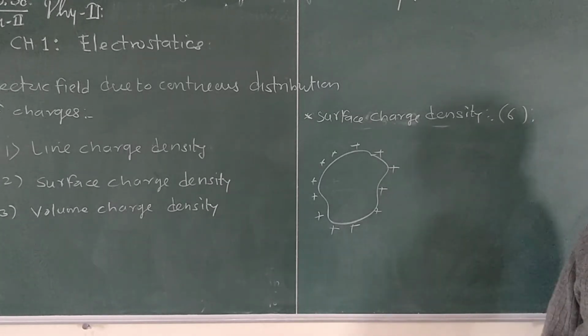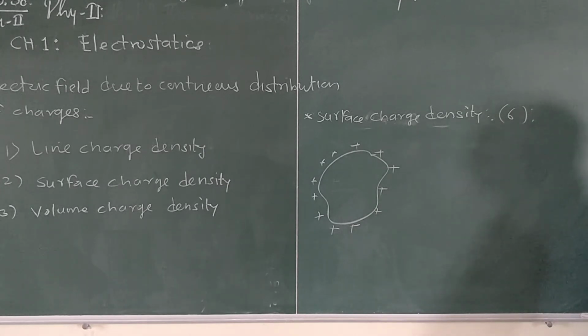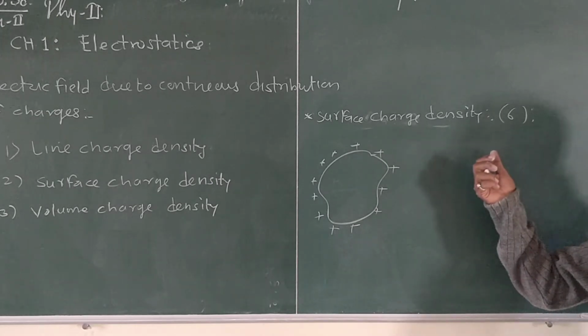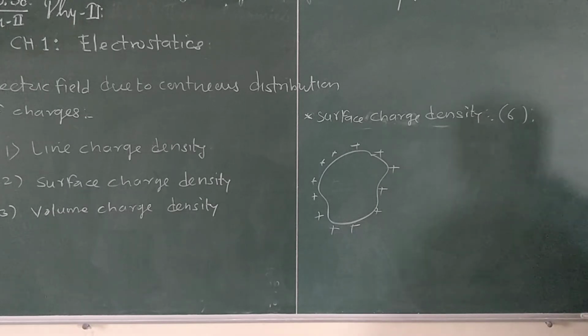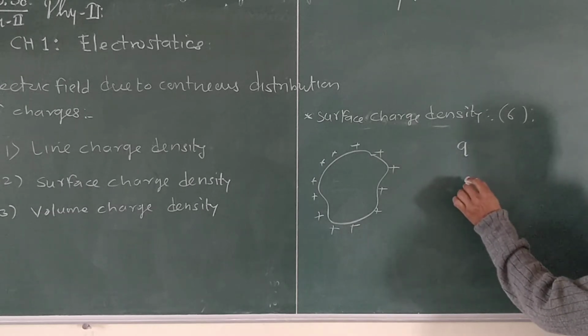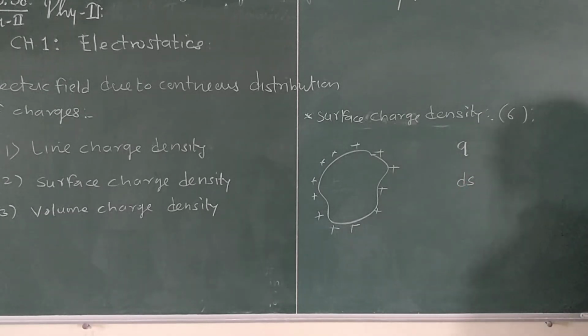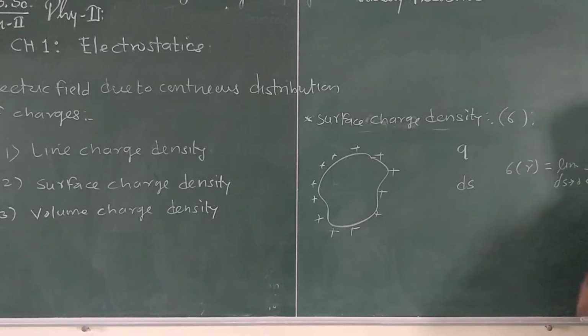Then we will define this surface charge density. Surface charge density is the ratio of charge per unit surface or charge per unit area. So we consider here charge Q and a surface of area dS. Then sigma of r can be written as limit delta S tends to 0 of delta Q upon delta S, that is charge per unit area.